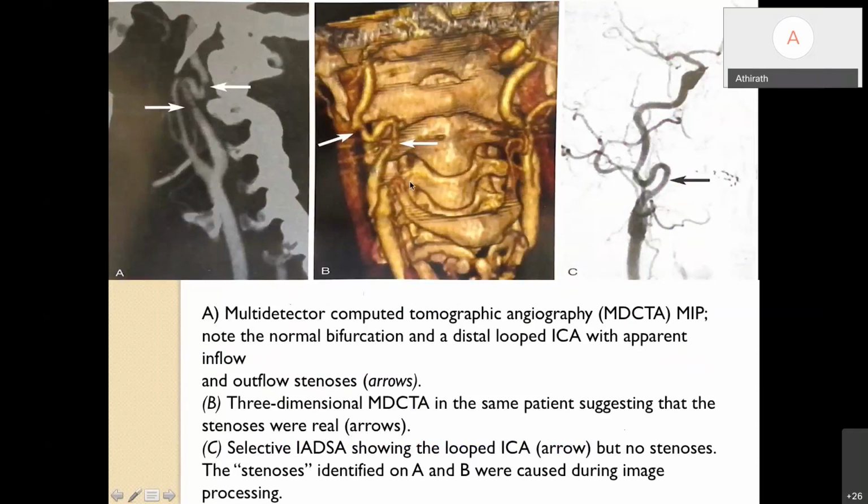And this is a three-dimensional CT image, also showing inflow stenosis and outflow stenosis. But when you perform digital subtraction angiography, you see that this coiled ICA is actually normal without any stenosis. So on CT, whenever there is a coiled ICA, there will be artifacts which show up as stenosis. But when you perform digital subtraction angiography, there will be no stenosis.